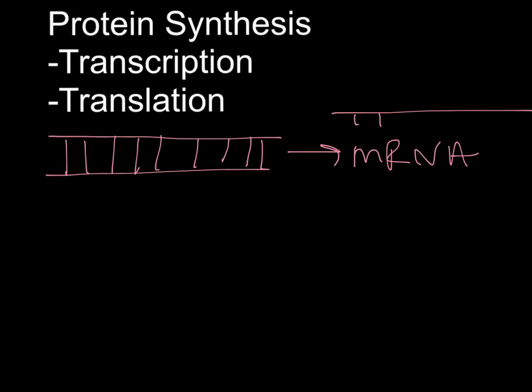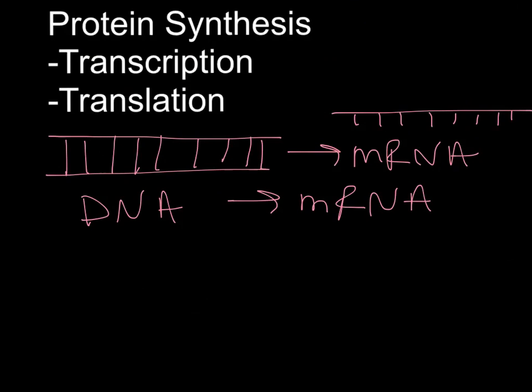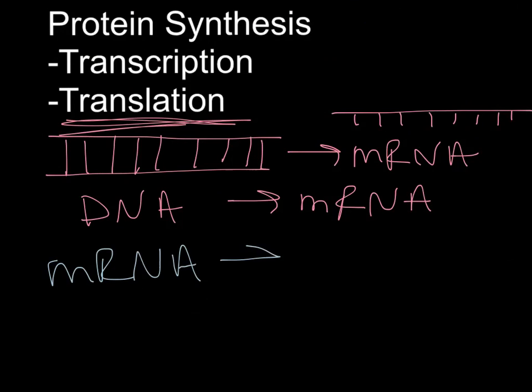So a single strand. Remember, mRNA is single-stranded. So we go from DNA and make a copy of mRNA. That's the first step in protein synthesis. The second step is translation. In translation, we take that mRNA strand and build proteins. It's a lot more detailed than that, but that's a brief overview for now.